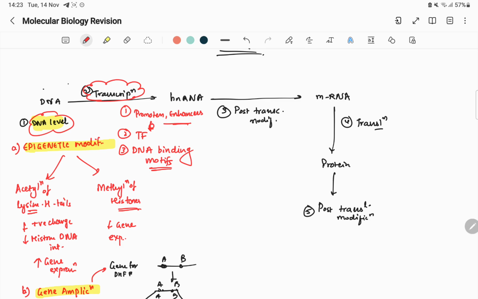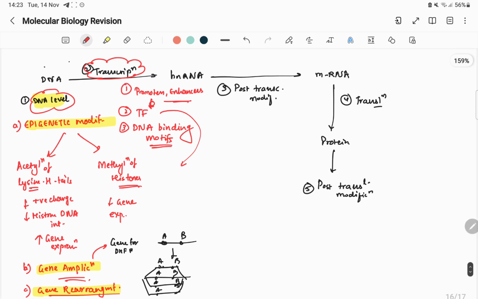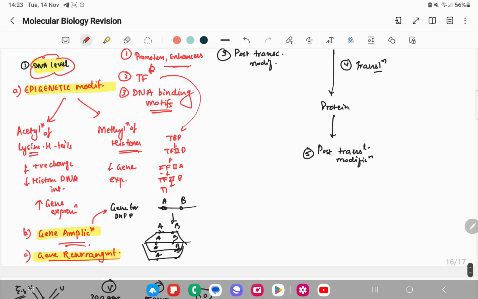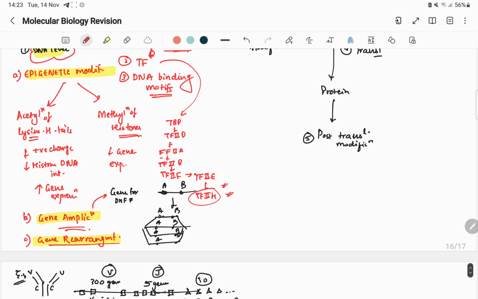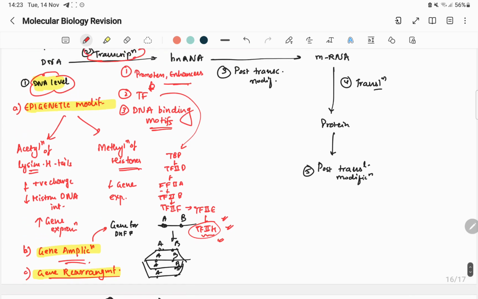Among transcription factors, TBP is there, then comes TFIID. TFIID recruits TFIIA and TFIIB, which stabilize the DNA. They recruit TFIIF, which binds tightly to the polymerase, and TFIIF recruits TFIIE, which recruits TFIIH, which is helpful in nucleotide excision repair and helicase activity.